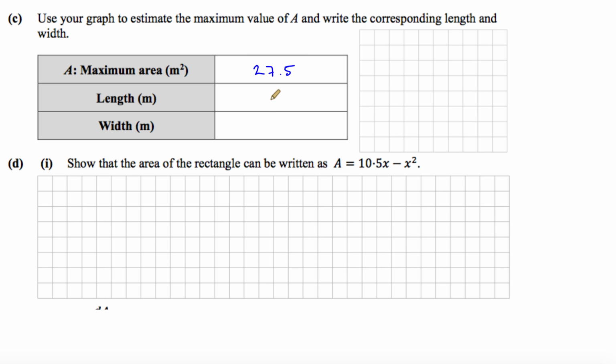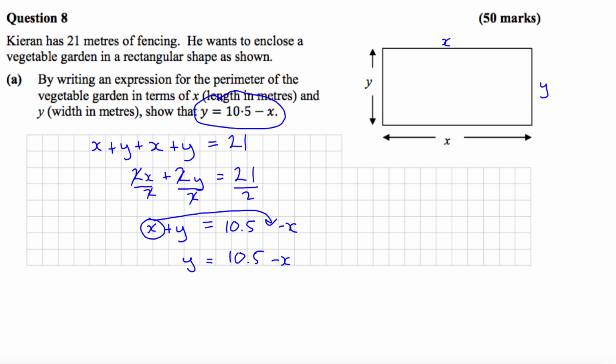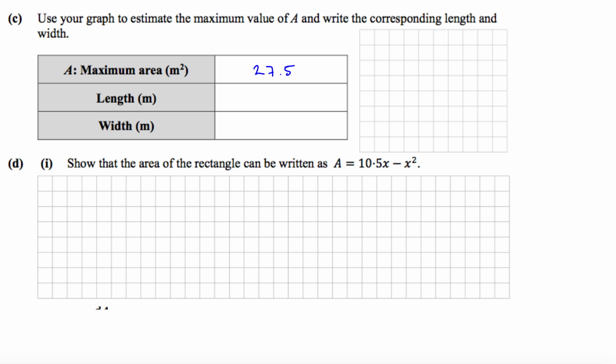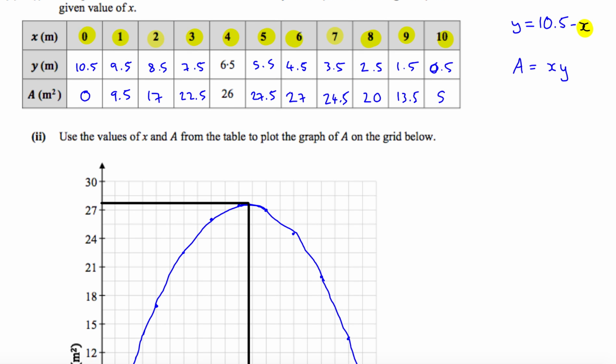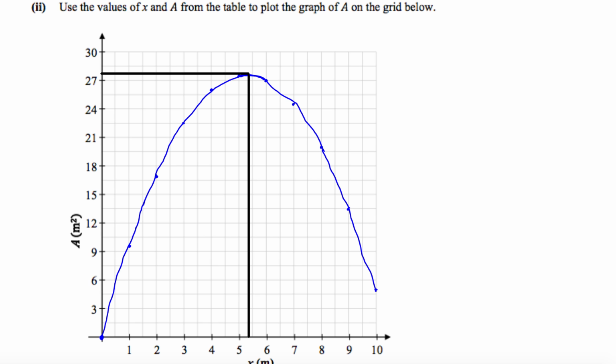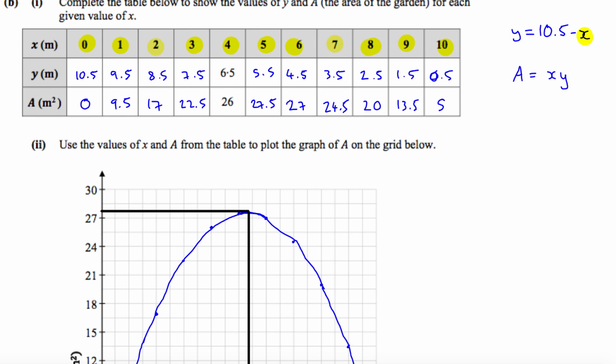And then the x, which is the length as far as I remember. X is the length, yeah. And our x value was, what did we say? 5.4.